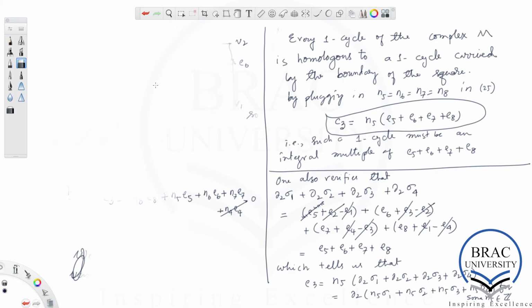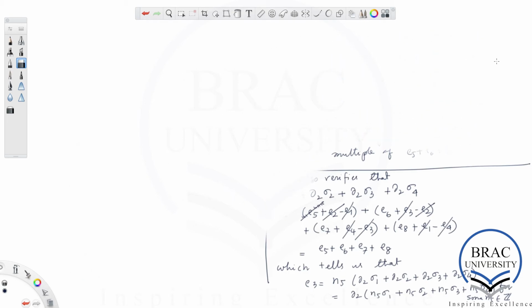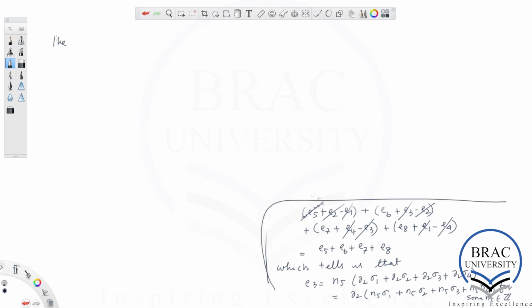Therefore, so we don't need these figures anymore. Therefore, this one cycle C3 is homologous to 0, we have seen, or C3 simply bounds. Okay, because C3 can be written as a boundary term, therefore C3 is homologous to 0, or C3 bounds.